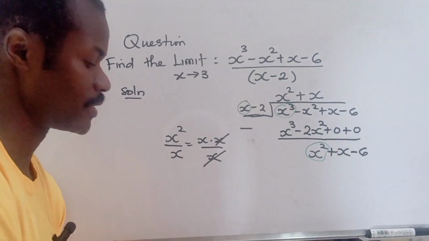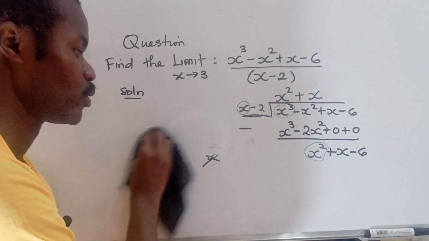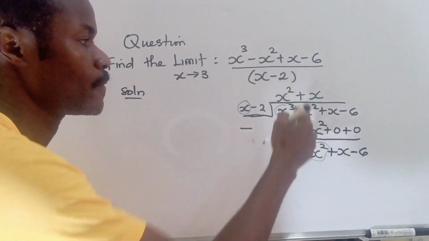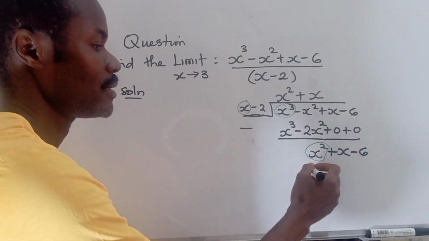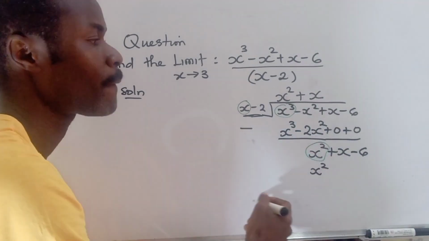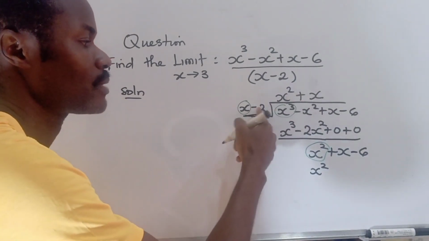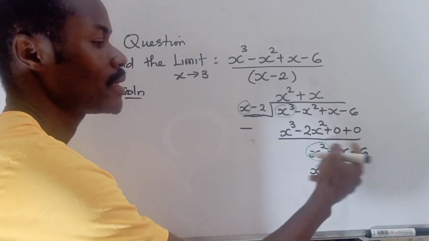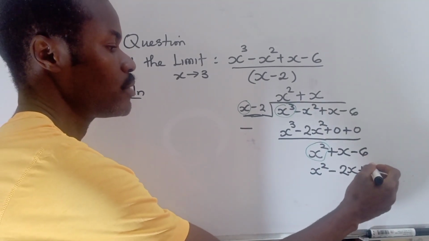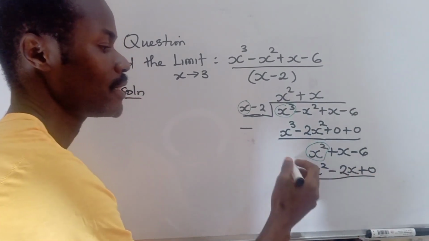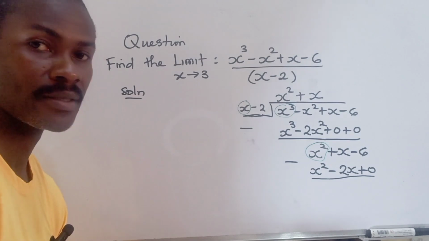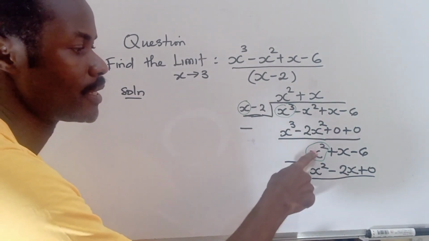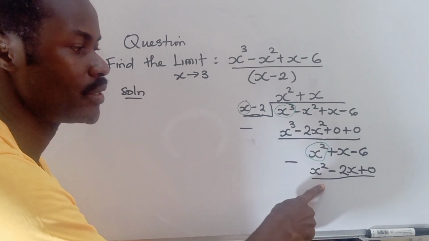Now that we have plus x, I'm going to use plus x to multiply this. So plus x times x here is x squared. Plus x times minus 2 is minus 2x. Since we have nothing for this, we can simply put a 0. And next thing is we are going to subtract. Now, x squared minus x squared is 0.